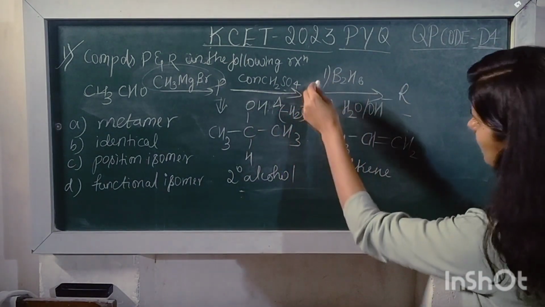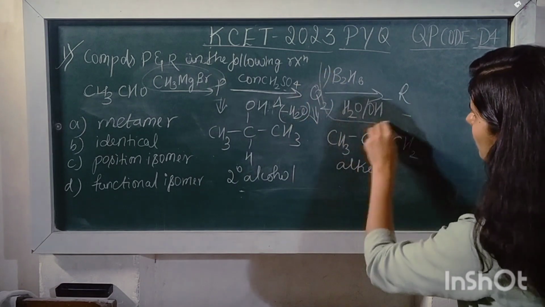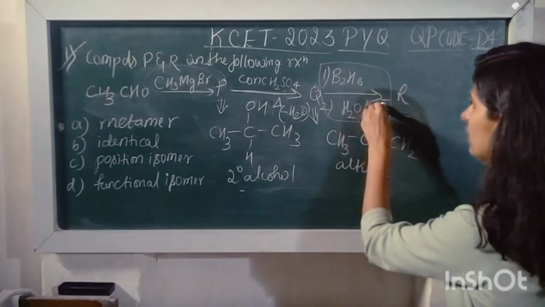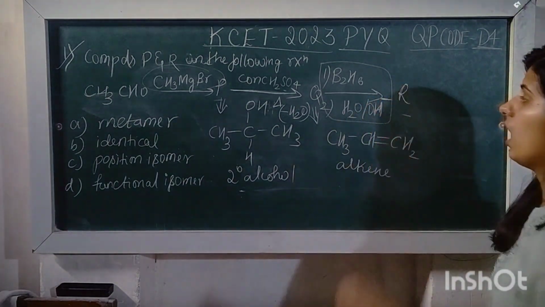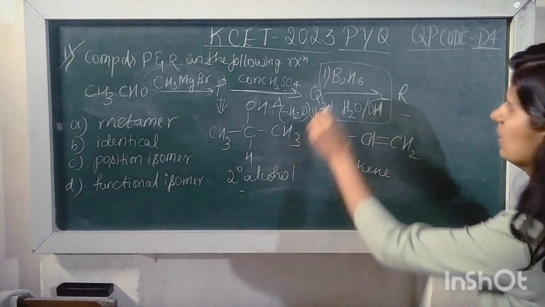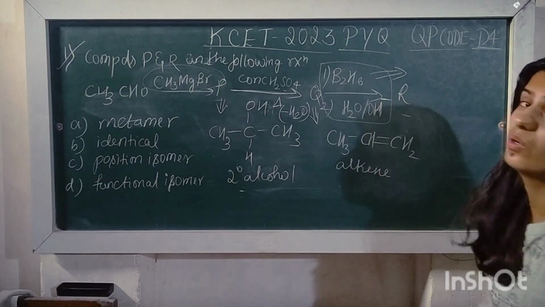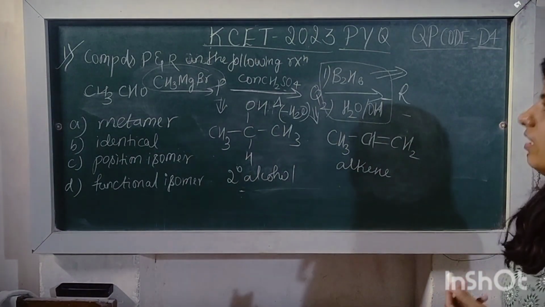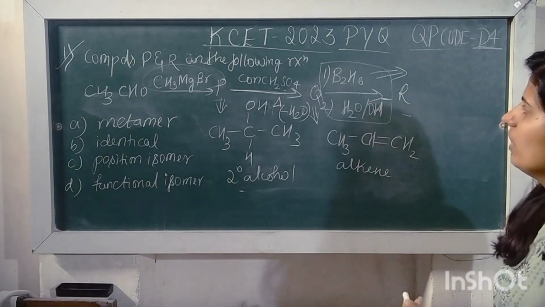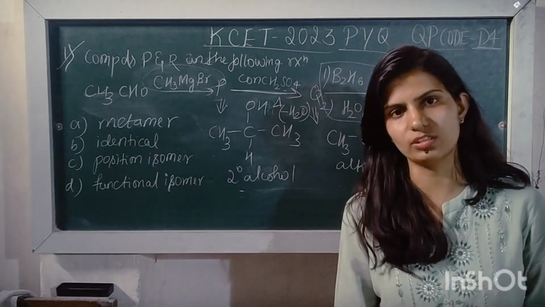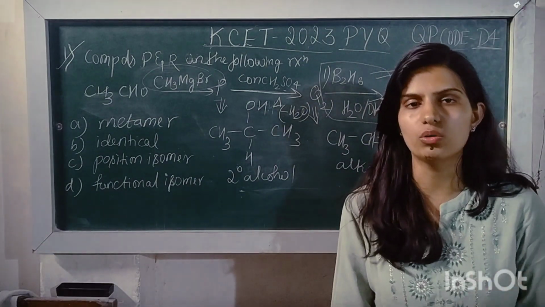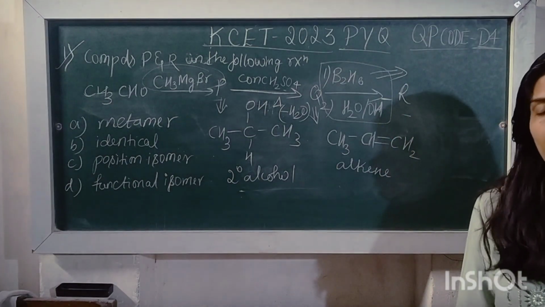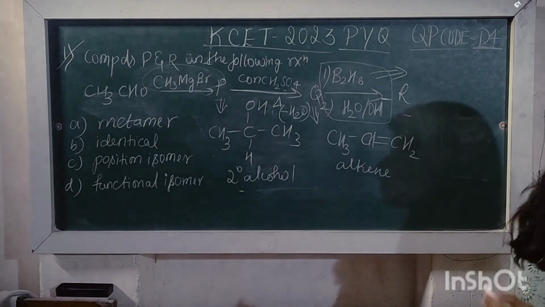So what happens when this alkene reacts with B2H6 in the presence of water and OH minus ion? This is a hydroboration oxidation reaction, which follows the anti-Markovnikov rule. What is the anti-Markovnikov rule?